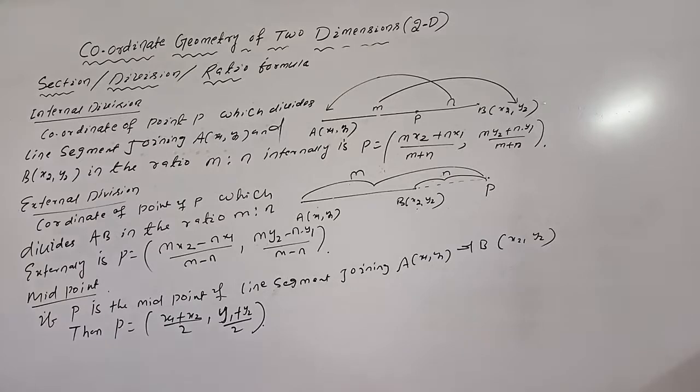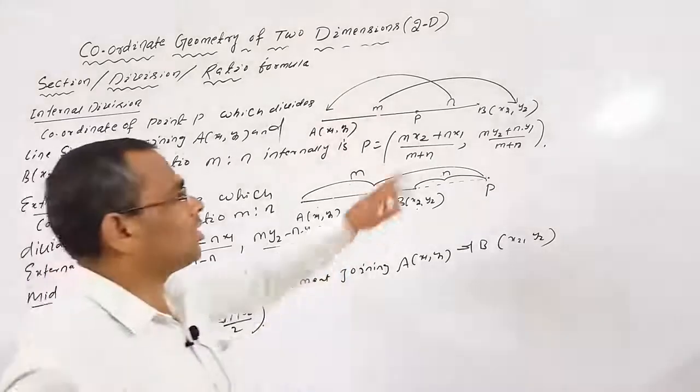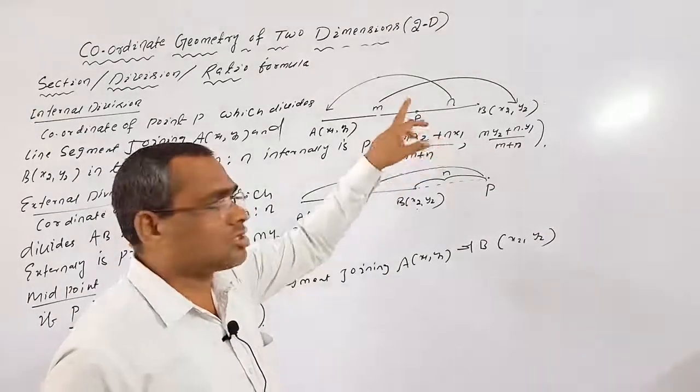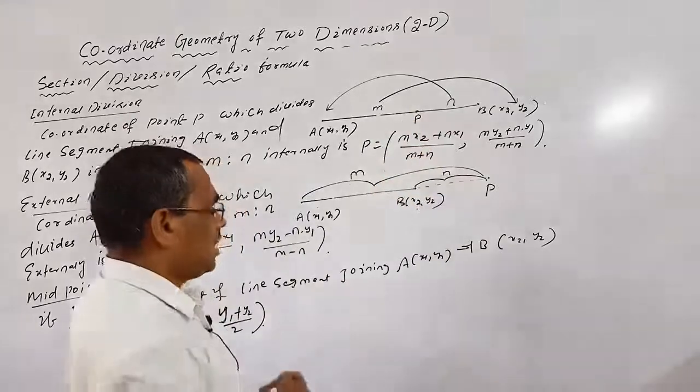But if we are asked in what ratio the given point P divides the line segment AB, then in such a case you have to take m is to n.